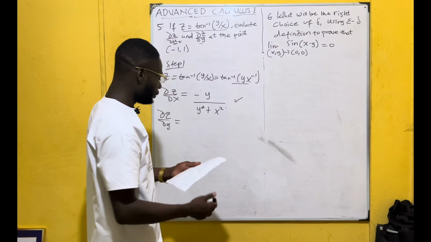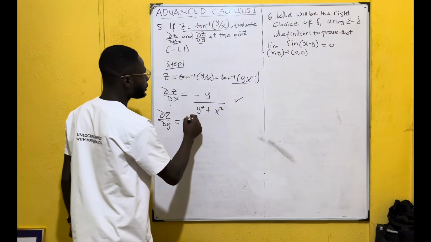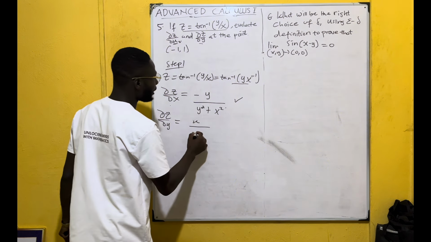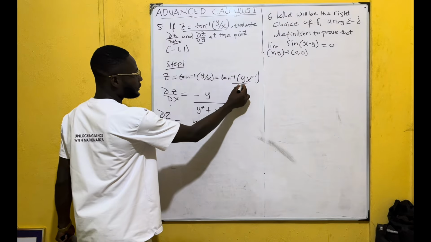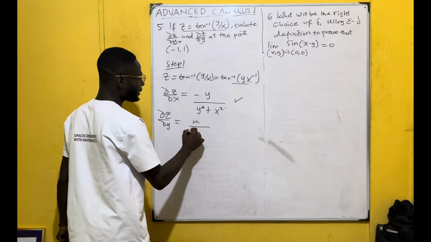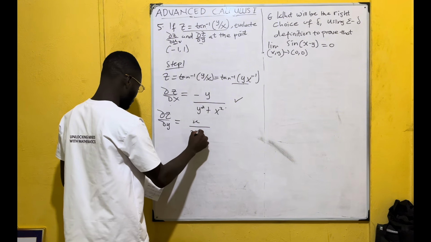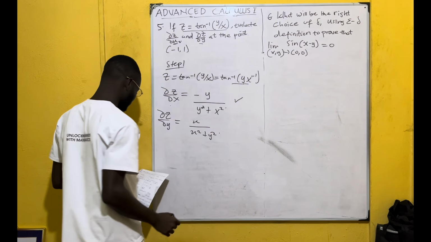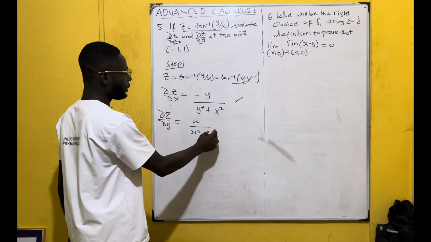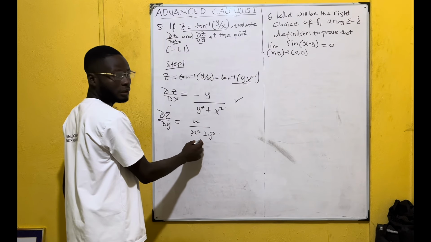Y. So with that, we are going to have x over, because when you differentiate this, you're going to have, so x over x squared plus y squared. Right. So with respect to y, we have x over x squared plus y squared.